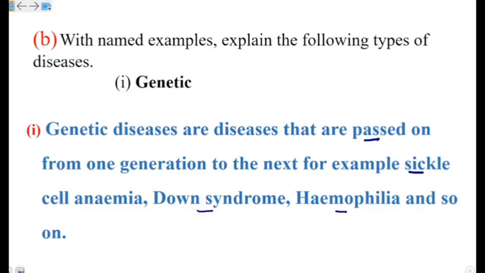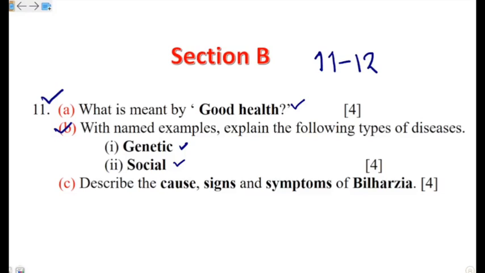These are genetic diseases. We now move on to our Roman numeral 2, where they want us to explain social diseases. Let us now look at social diseases. What are social diseases?